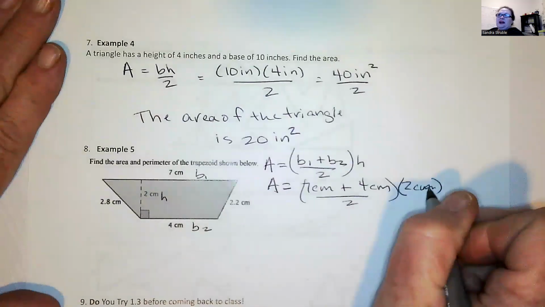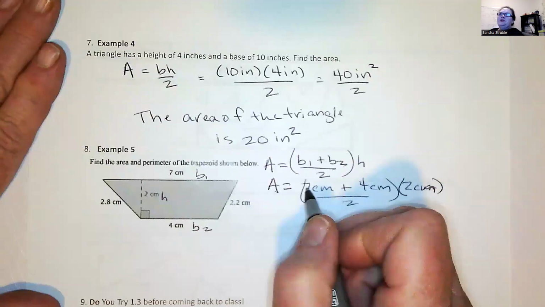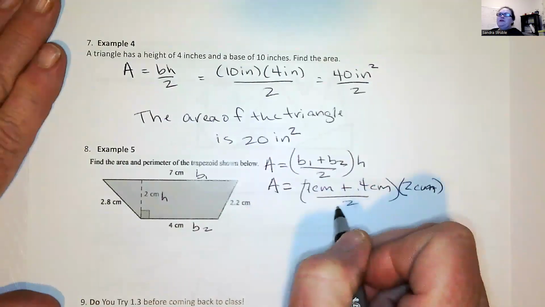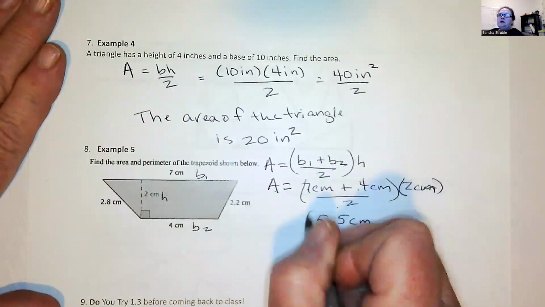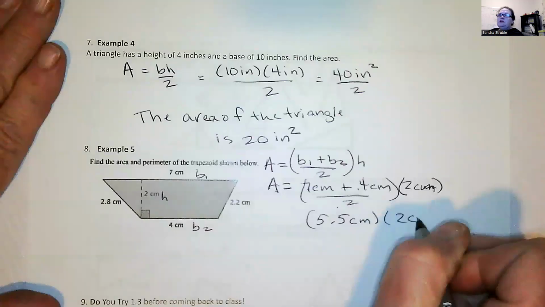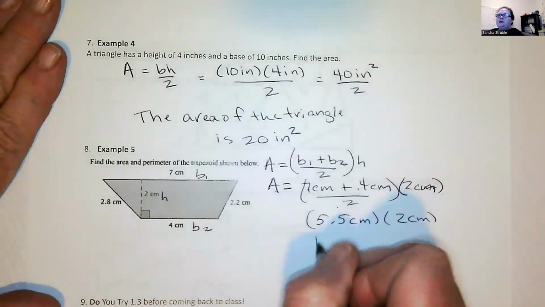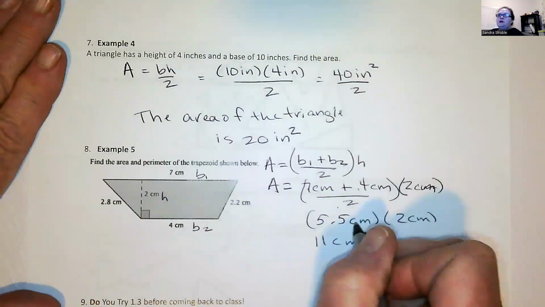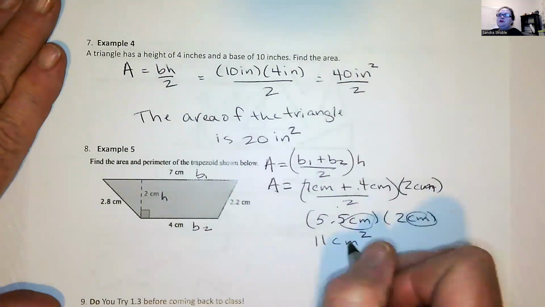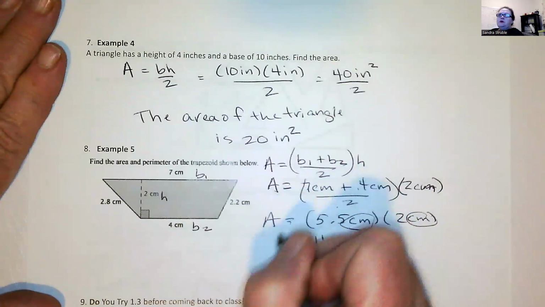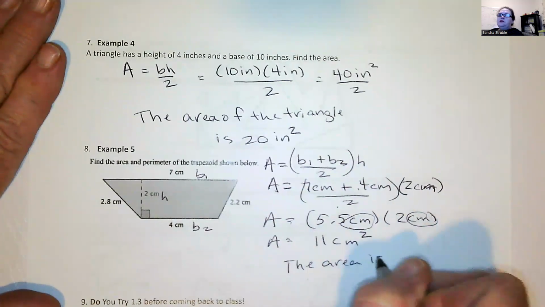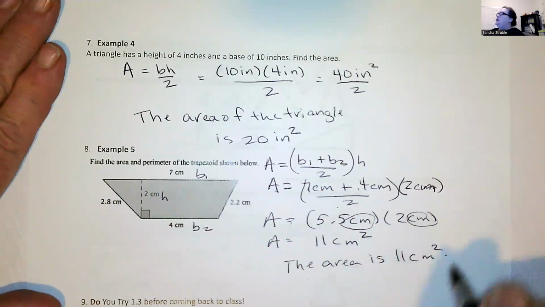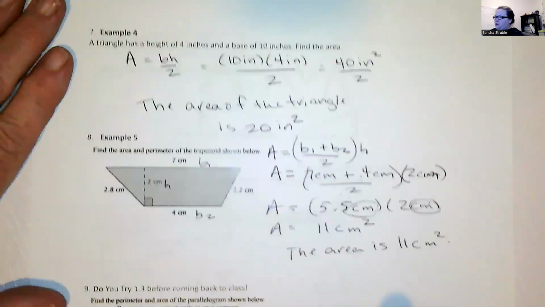That's an M. The M's gone wild. So 7 plus 4 is 11. 11 divided by 2 is 5.5 centimeters times 2 centimeters is 11 centimeters squared. So we have centimeters times centimeters is centimeters squared. So the area is 11 centimeters squared. Pardon me, water.